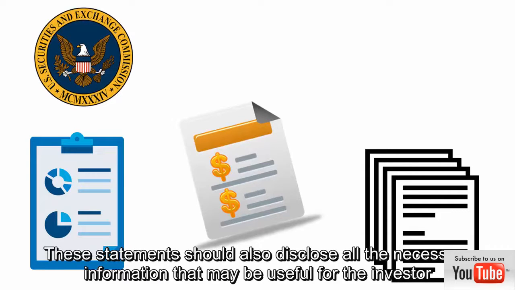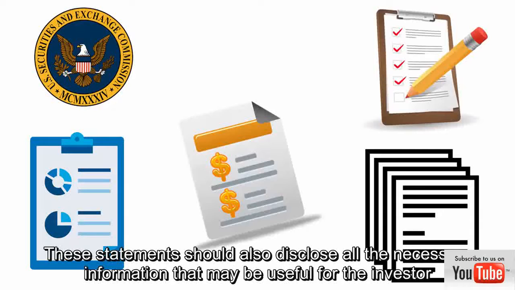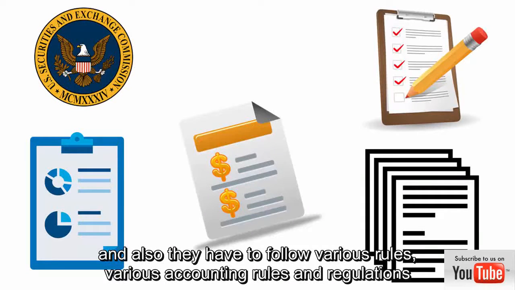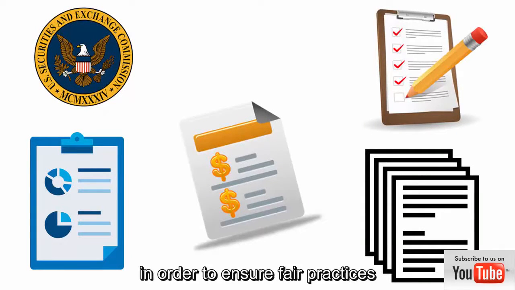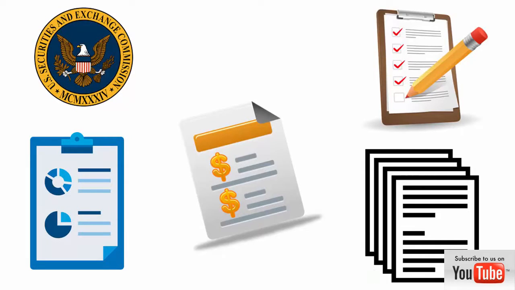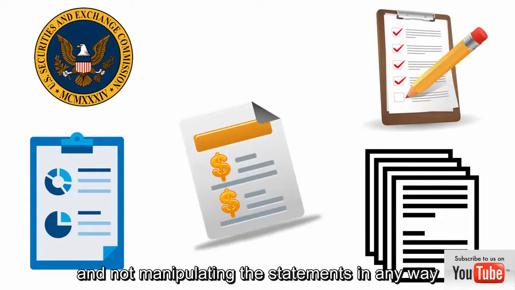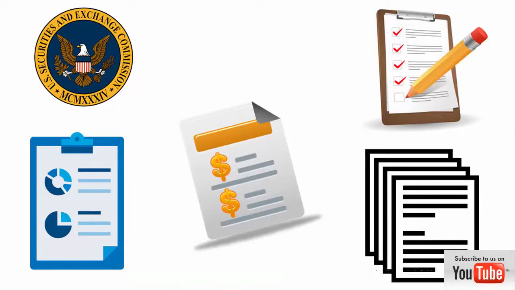These statements should also disclose all the necessary information that may be useful for the investor for making any decision related to investment in the company. And also they have to follow various accounting rules and regulations when preparing these statements in order to ensure fair practices and presenting the transactions and activities as clearly as possible and not manipulating the statements in any way.